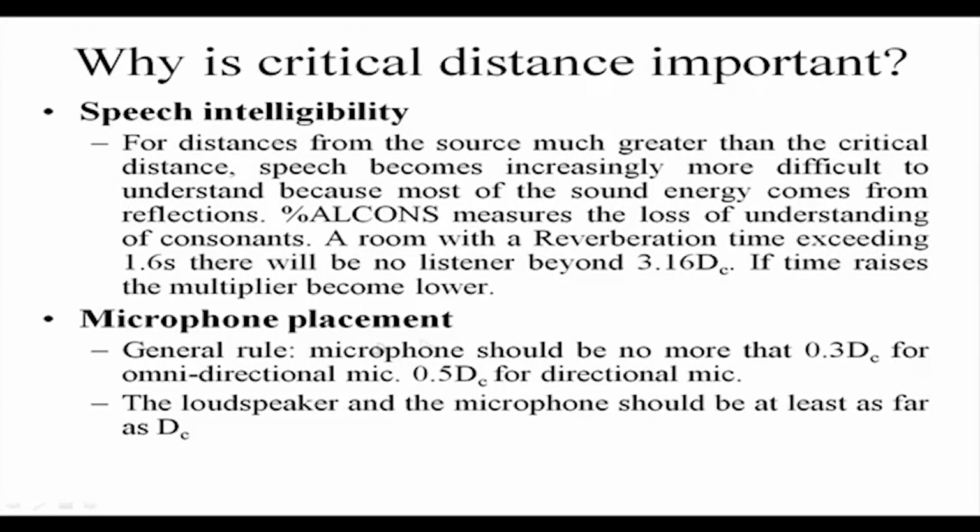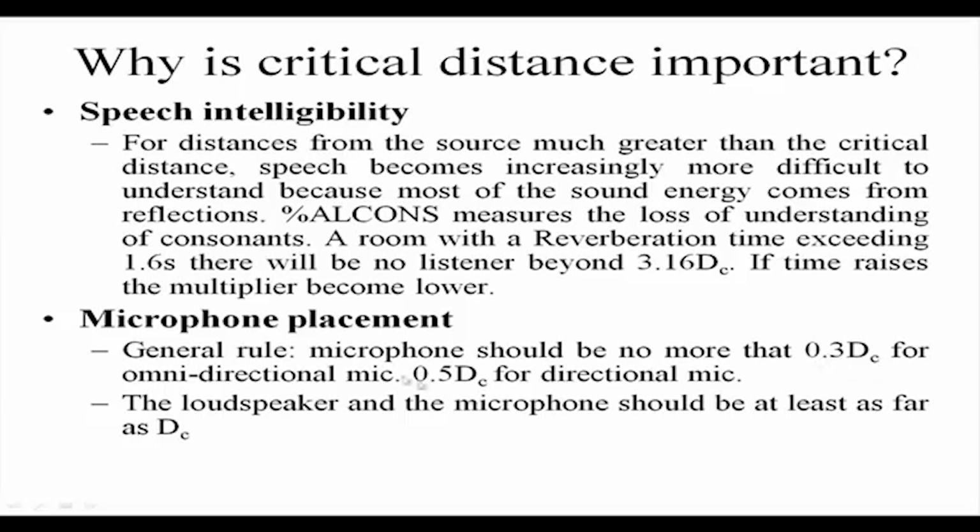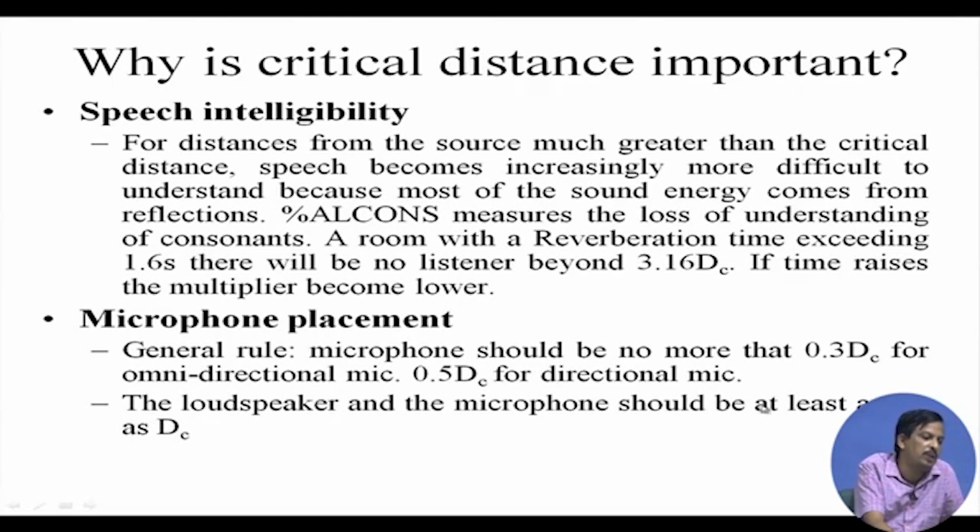It is a general rule, a microphone should be no more than 0.3 dc for an omnidirectional mic and 0.5 dc for a directional mic. If I want to catch the sound, then it should not be more than 0.3 dc for an omnidirectional and 0.5 dc for a directional mic. The loudspeaker and microphone should be at least as far as dc.